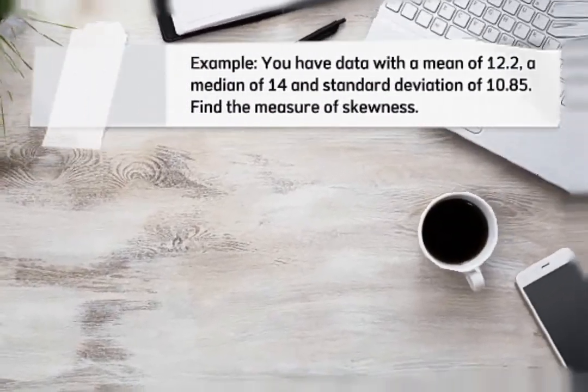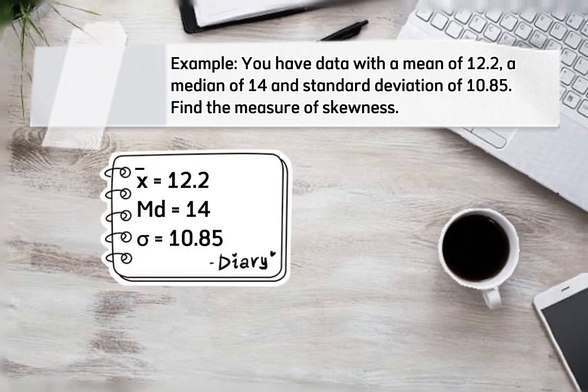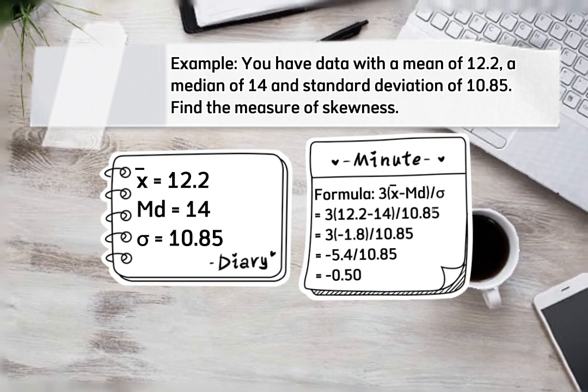Another example: you have data with a mean of 12.2, a median of 14, and a standard deviation of 10.85. Find the measure of skewness. Since the given are the mean, median, and standard deviation, we will be using the formula of the Pearson median skewness.